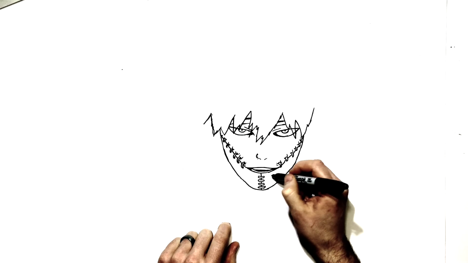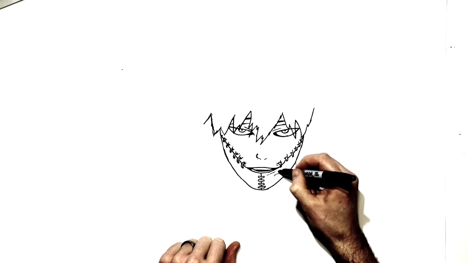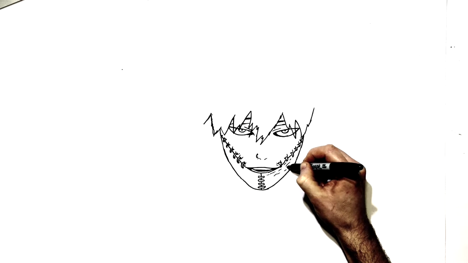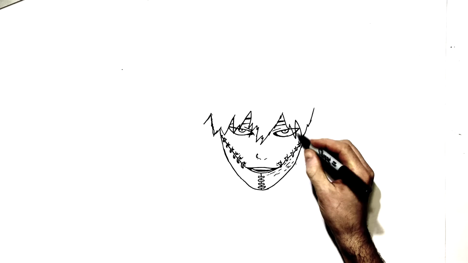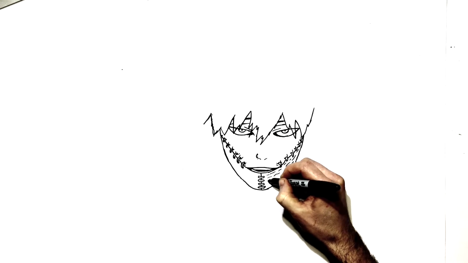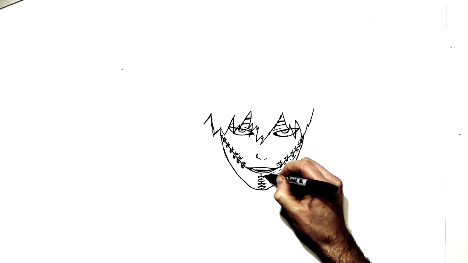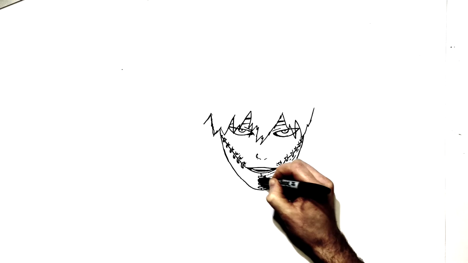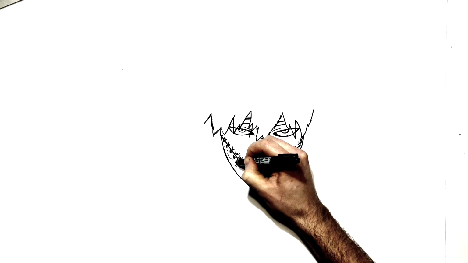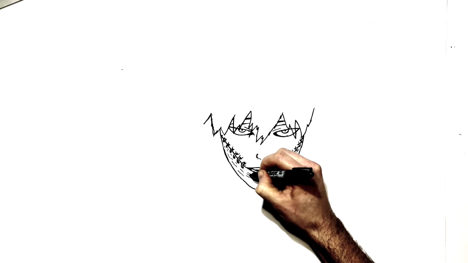Now, this skin has sort of wrinkle lines all going up it, and it follows the direction of his face each time. So you'll just add loads of these. I'll probably speed this part up.